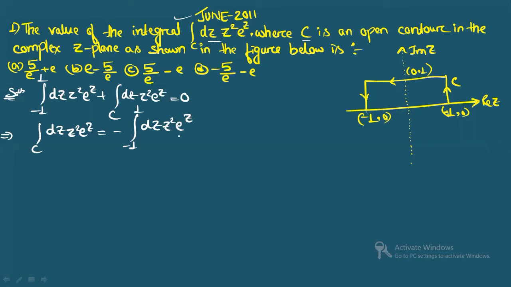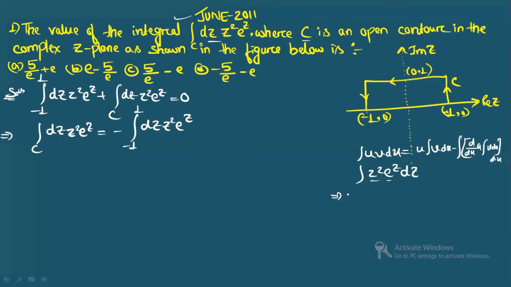Is it clear? Now when you integrate this term, you will use integration of uv dx. You have the integration of z square e to the power z dz. If I consider this to be u and this to be v, the integration of uv dx is u times the integration of v dx, minus the integration of d/dx of u times the integration of v dx, dx.